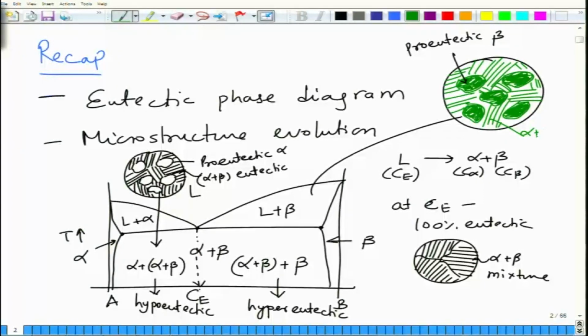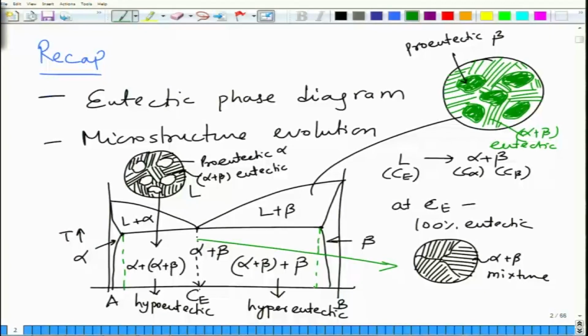So this is the alpha plus beta eutectic. These are the three microstructures that you will get: one for the eutectic composition, and another for hypo and hypereutectic alloys.